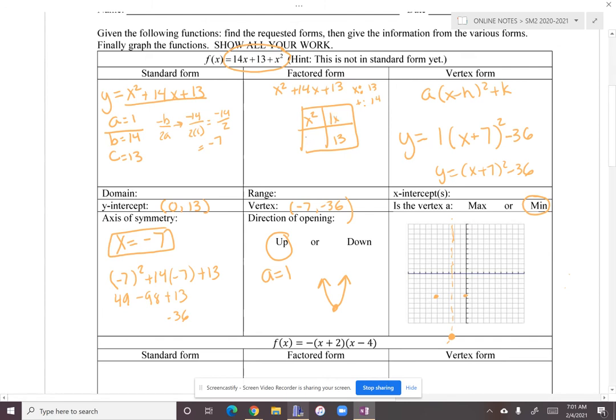So I get 1x, 13x, and then I take out what they share, and these share 13. This one shares an x, and this one shares a 1. So this factors into y equals x plus 13 and x plus 1. And I get my x-intercepts from that because I take each one of them and set it equal to 0.